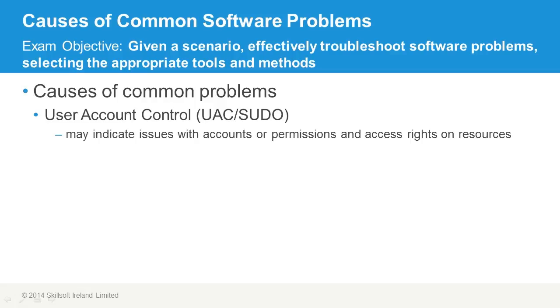However, certain applications may not support UAC or sudo configuration. But in one way or another, the user account control may simply cause issues with account permissions and access rights on the particular resource. So you're trying to run the application and you're simply getting errors, maybe because you don't have permission. Then that indicates that you should make use of the user account control to elevate your privileges if you can.